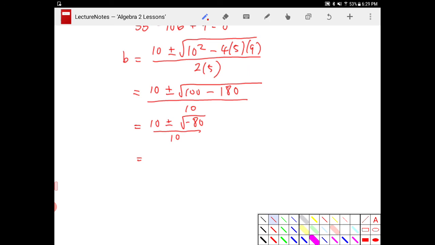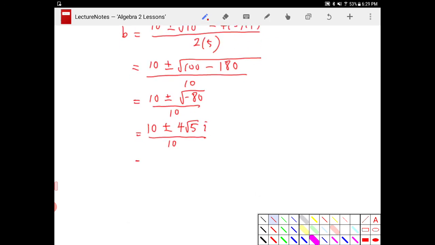That would be 16, right? So I have 10 plus or minus the square root of 16, that's 4, square root of 5, i, all over 10. And this can be reduced even further. 2 divides evenly into everything, so it's 5 plus or minus 2 square root of 5 i, all over 5.